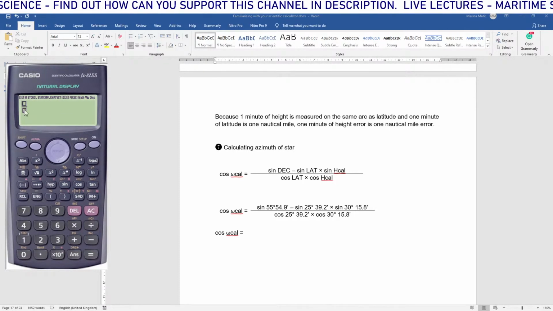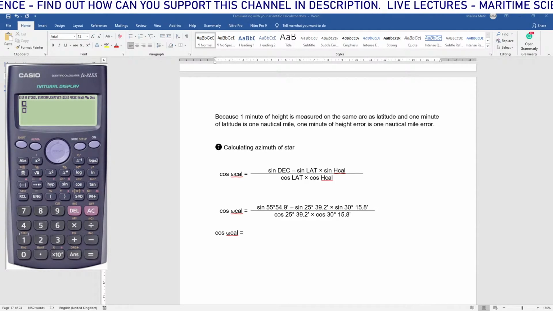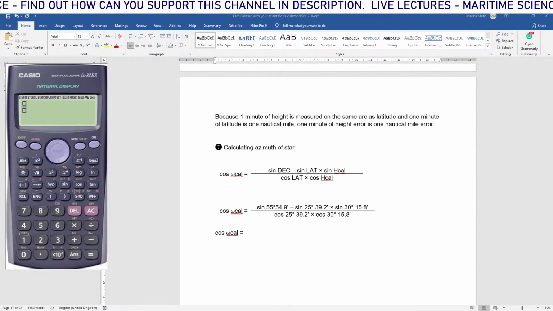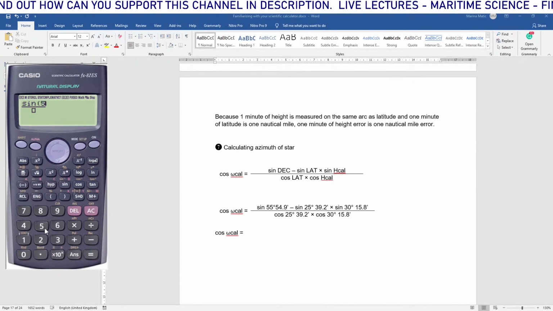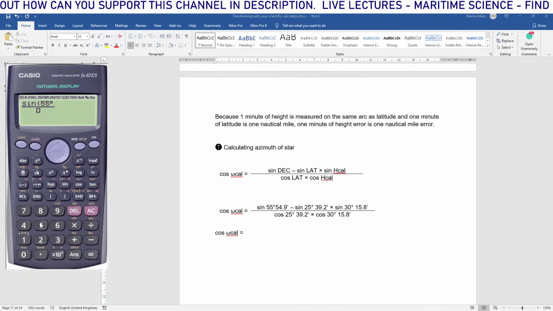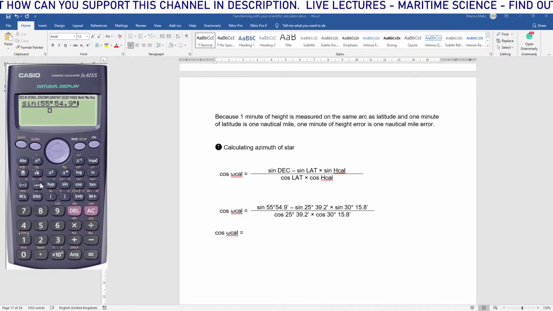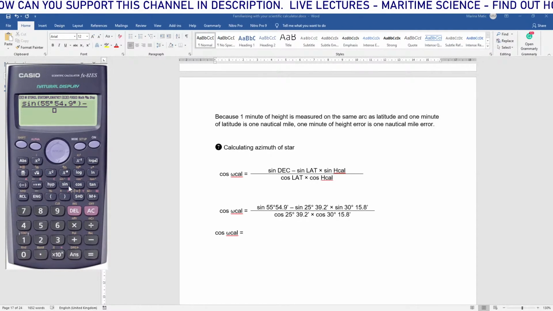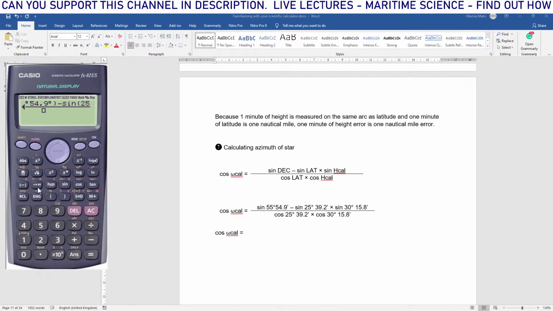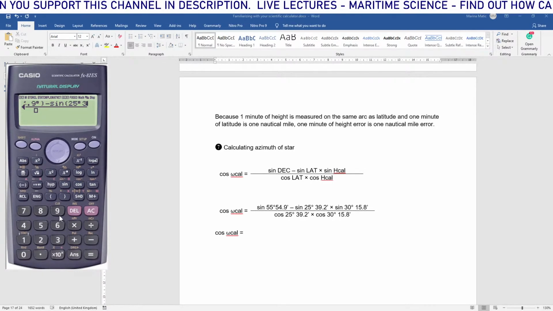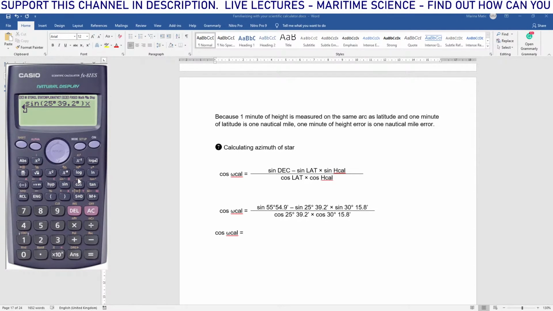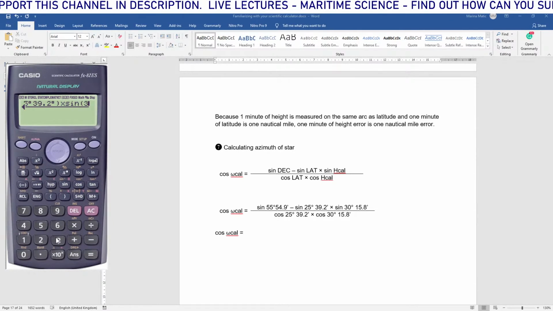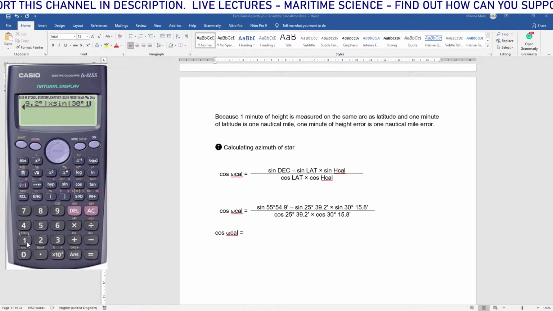It will give you this function that you can type everything on top and everything on the bottom separately. So let's start typing. Sine of 55 degrees, 54.9 minutes, minus sine of 25 degrees, 39.2 minutes, times sine of 30 degrees, 15.8.